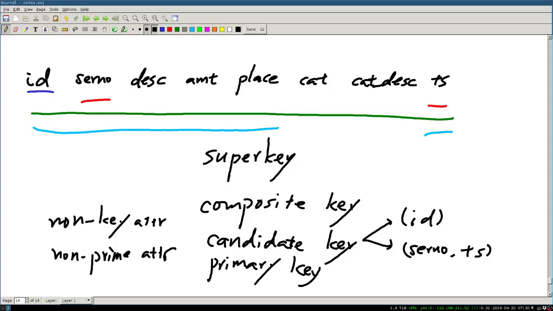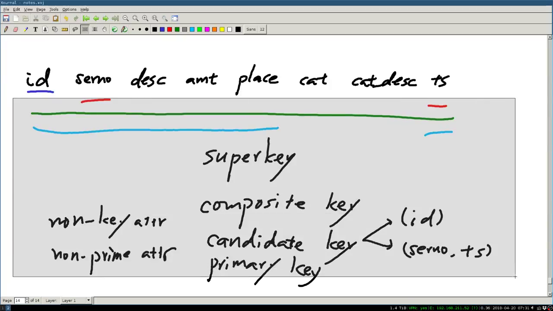So based on the definition of the keys, now let's start the normalization process. Again, according to the new table design, I think that this time we will focus on the candidate keys instead of the primary keys.